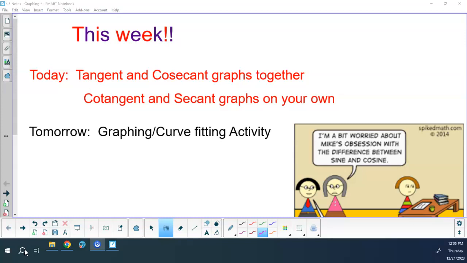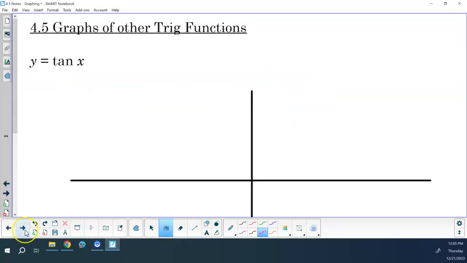All right. So let's start with tangent. We did sine and cosine. Let's do tangent next. Now, sine curves and cosine curves, those were easy to do off of the unit circle because cosine is the x-coordinates of all of the points on the unit circle, and sine is the y-coordinates of all the points on the unit circle.